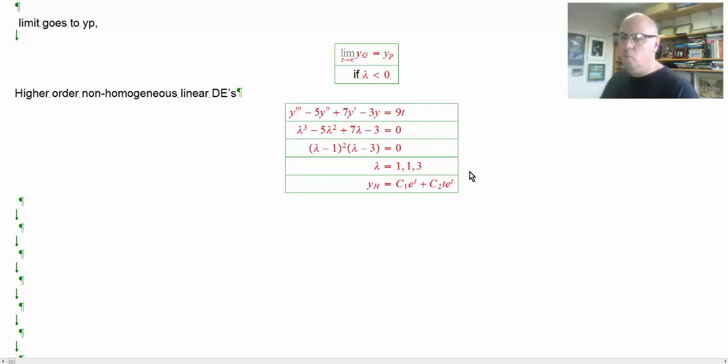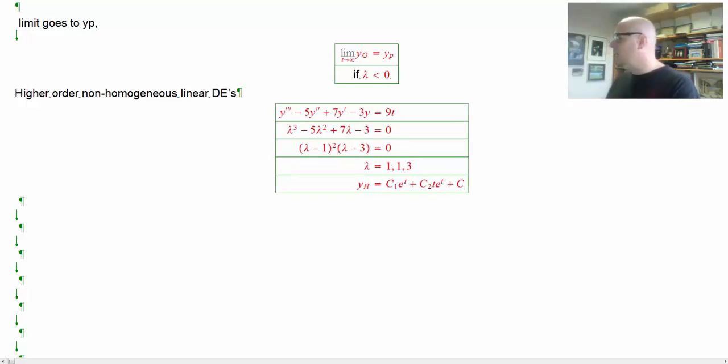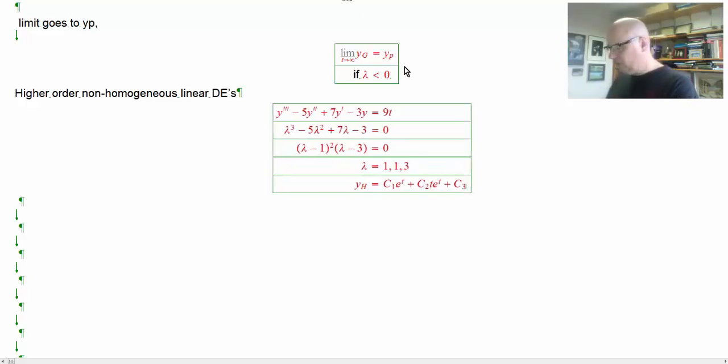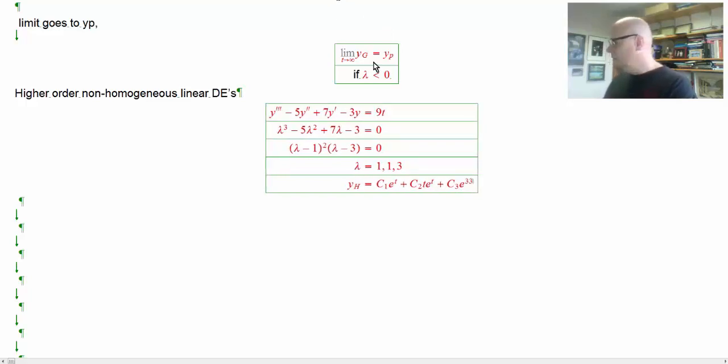If there were 3 1s, then the next one would have a t squared in front. But I have a c3. Now let's take care of the third piece, and that would be e to the 3t. So here's the piece of the solution that corresponds to the first one, the piece that corresponds to the second one, the piece that corresponds to the eigenvalue of 3. There's my homogeneous solution.